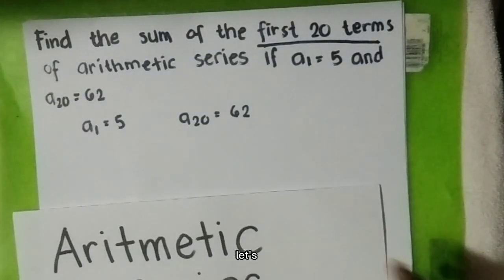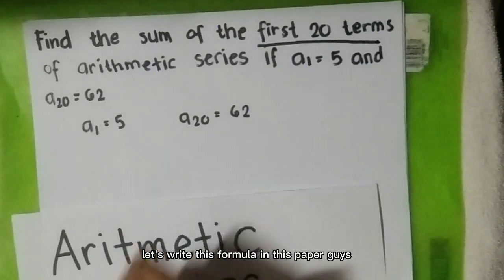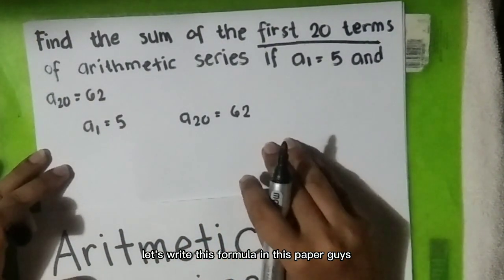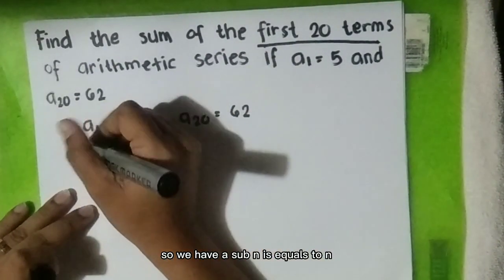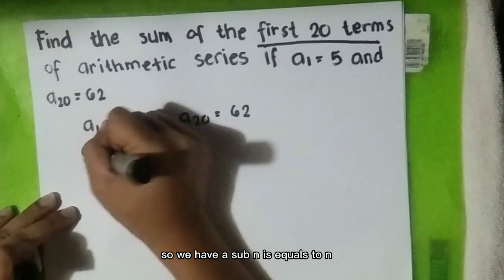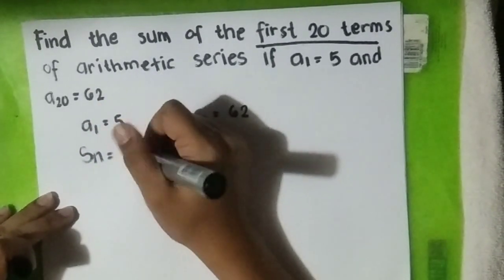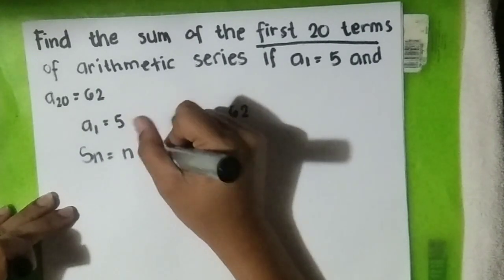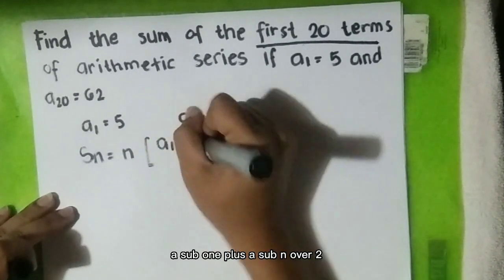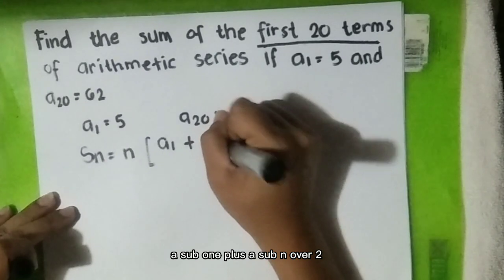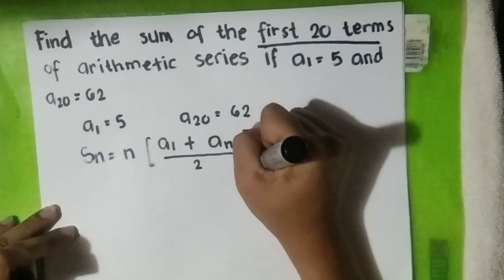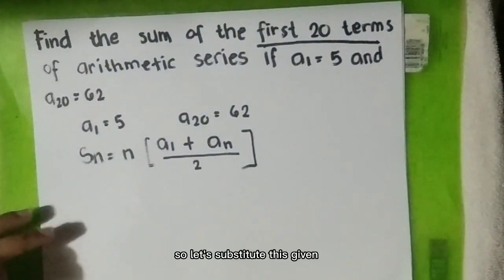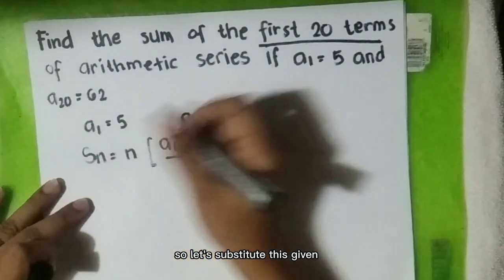Let's write this formula in this paper, guys. So, we have S sub n equals n times a sub 1 plus a sub n over 2. Let's substitute this given.